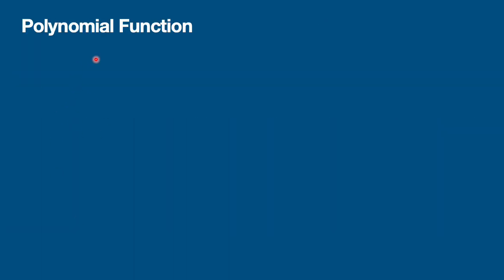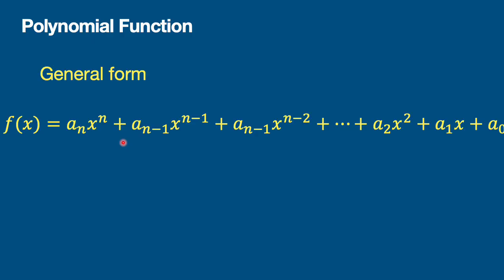Let's talk about the general form of a polynomial function. The general form looks like this: a_n x^n, a_(n-1) x^(n-1), and so on. You can notice the degrees here: n, n minus 1, n minus 2, down to 2, 1, 0. We call this the constant term. This is the leading term, a_n x^n.